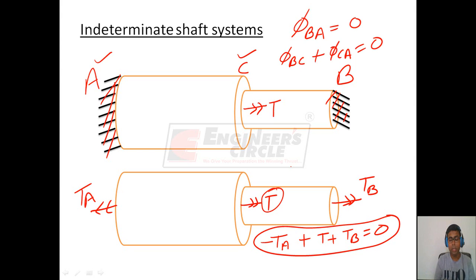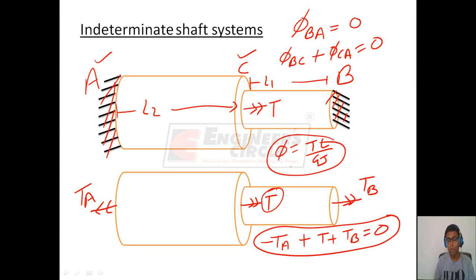We have already learned that phi is given by TL by GJ. Let this length be L1 and this length be L2. So we have to find the internal torque T in portion BC and in portion AC. For this we have to draw internal torque diagram.